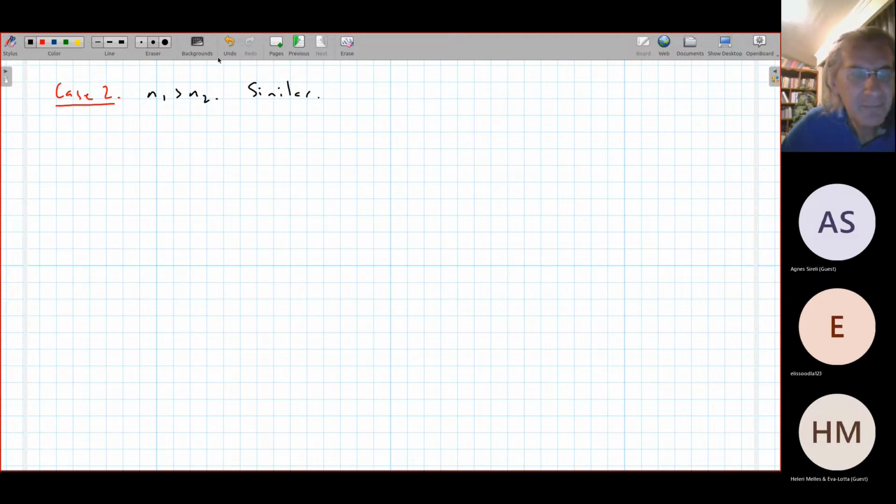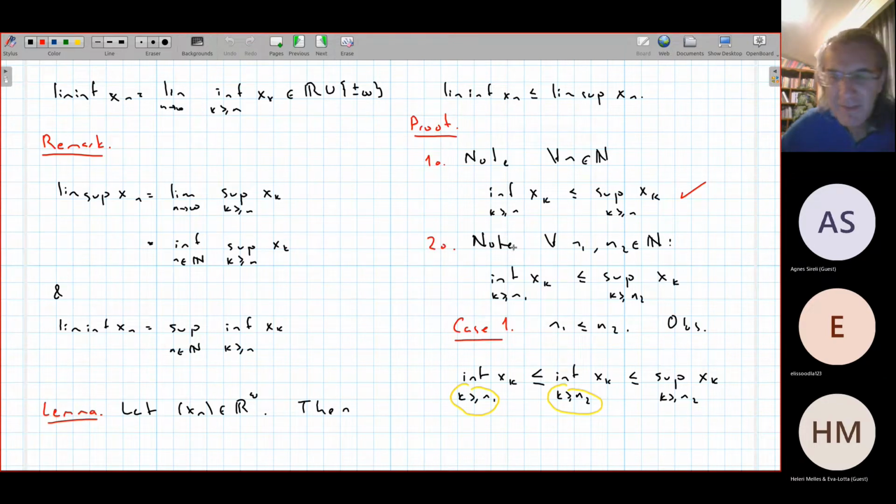Okay, so how do we reach the conclusion? That'll be the third step. So I'm going to go back. We have these inequalities, which I'm going to call star. This is satisfied for every n1 and n2. On the left-hand side, I'm going to take supremum, and on the right-hand side, I'm going to take infimum. I can do that because this inequality is satisfied for every n1 and n2.